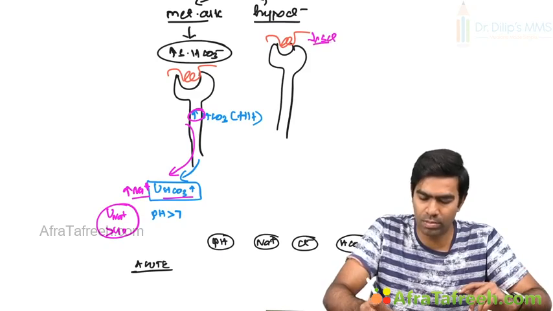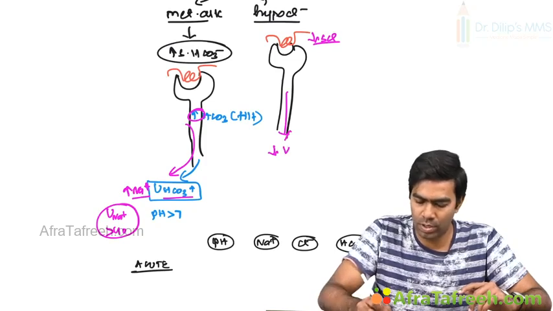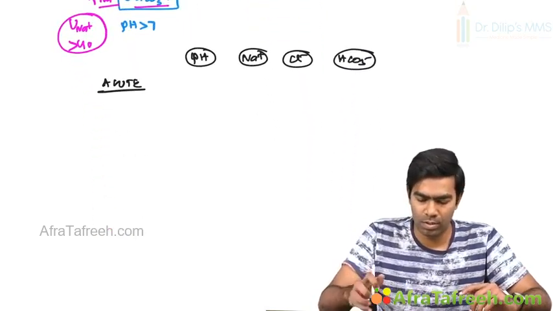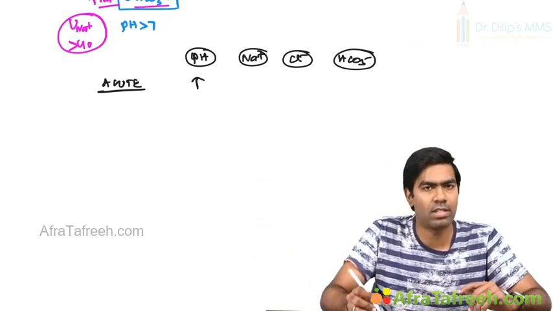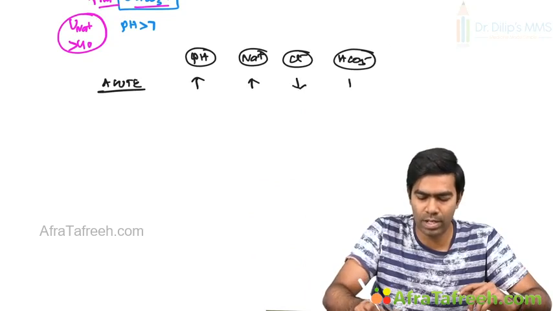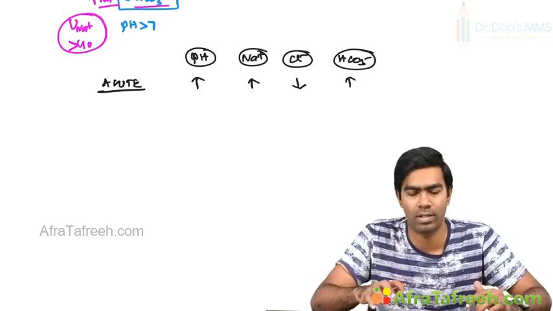Because you have a very low serum chloride, chloride will be very low in the urine as well, because the filtered chloride also will be very low. So pH will be increased in the urine, that is more than 7 usually. Sodium will be high, chloride will be low, bicarbonate will be high. This is what is happening in the urine in acute vomiting.